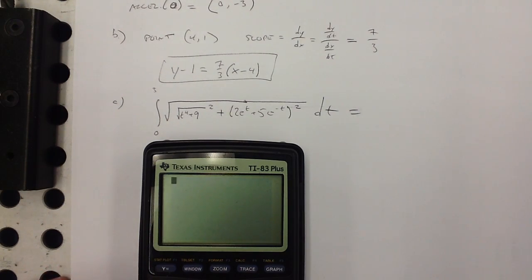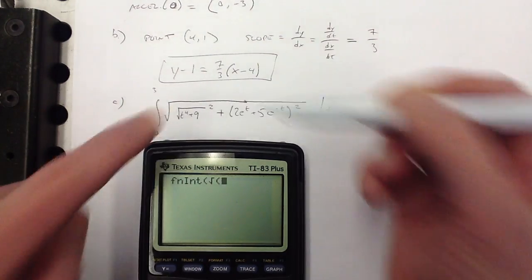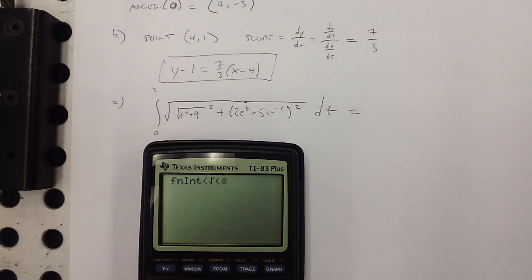So I'm going to go math 9, fnInt. My function is the square root of that square, and the square root and square cancel out, so put in t to the 4th plus 9.